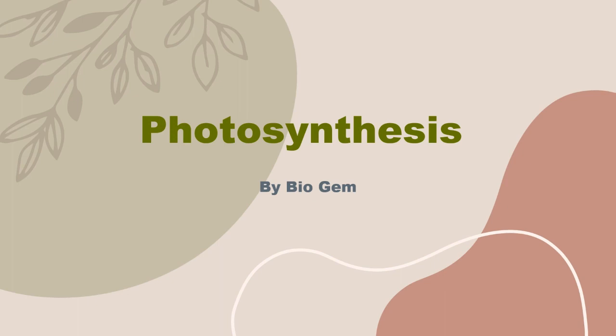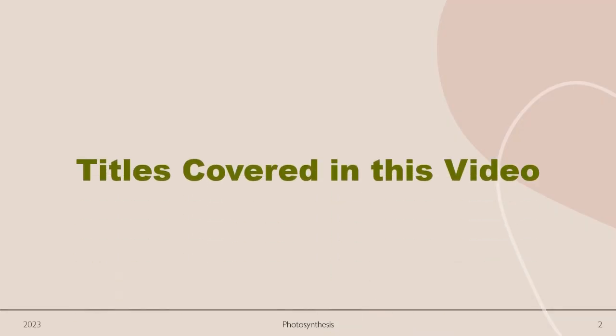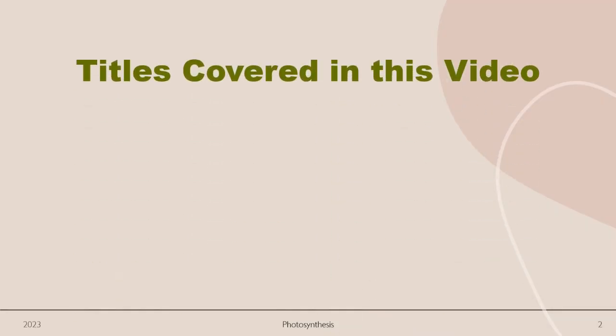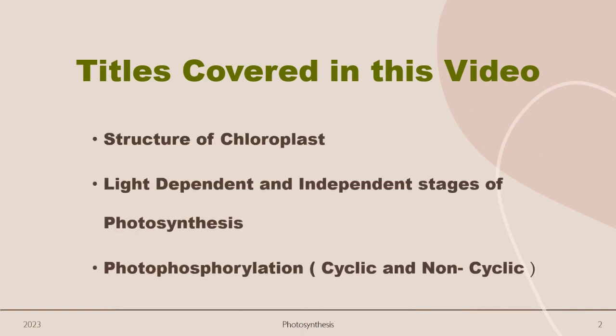Which is photosynthesis. Now we all learned that photosynthesis is the process by which plants make their food and all that stuff, right? But now we're going to learn in detail how photosynthesis actually occurs. Before that, we got to learn the structure of a chloroplast, and after that, we're going to learn some light-dependent reactions and light-independent reactions.